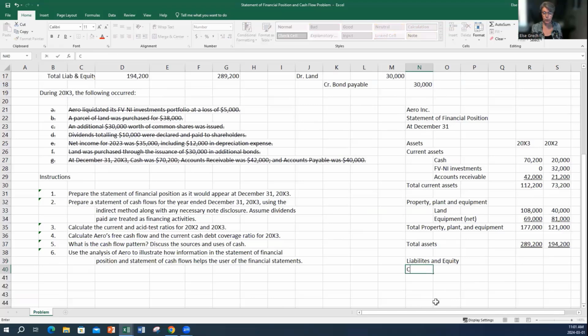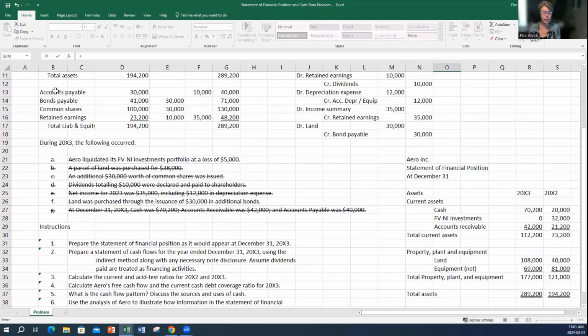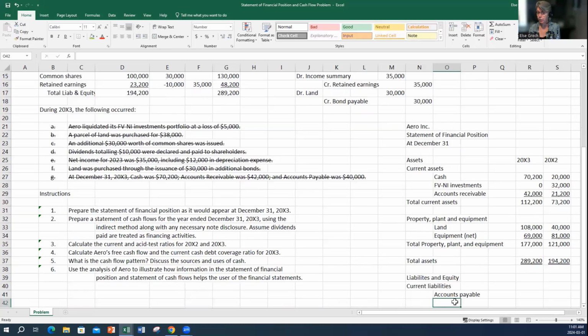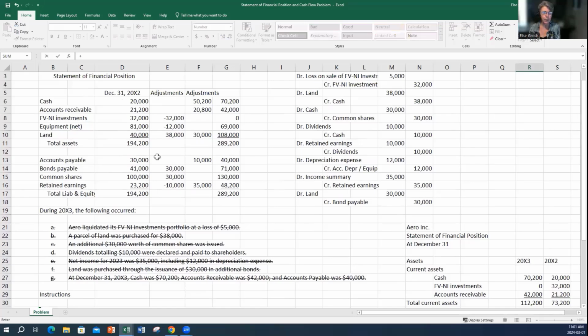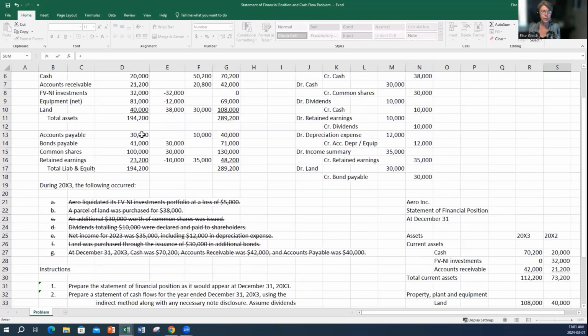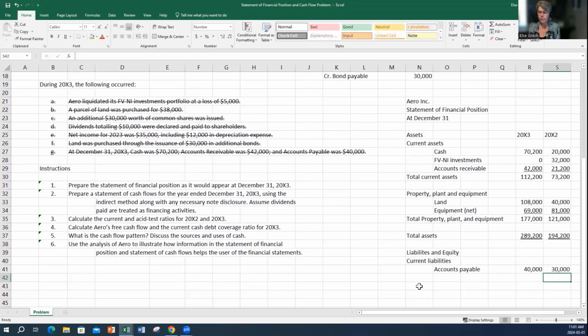And I'm going to do the current liabilities. And I'm going to start with the accounts payable. Bonds payable are long-term. So I only have my accounts payable of 40,000 and 30,000. There we go. I don't need a subtotal because I don't have more than one account. I'm going to do non-current liabilities.